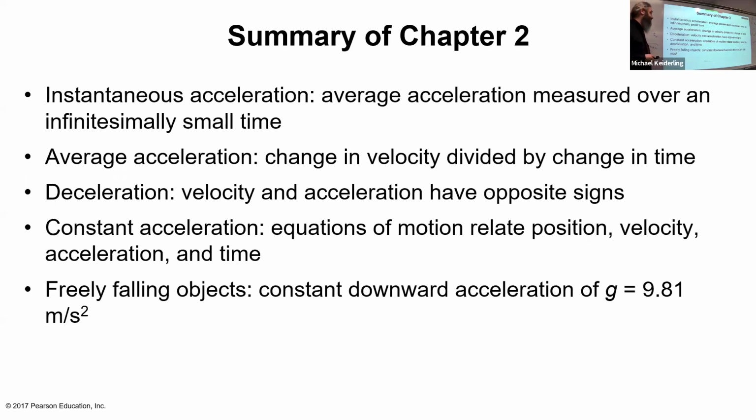Deceleration is when velocity and acceleration have opposite signs. When you have constant acceleration, these are the equations. They relate position, velocity, acceleration, and time. And for freely falling objects, they have a constant downward acceleration of 9.81 meters per second squared, which is usually negative, but it depends on your coordinate system. And that is chapter 2.